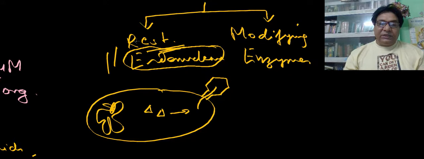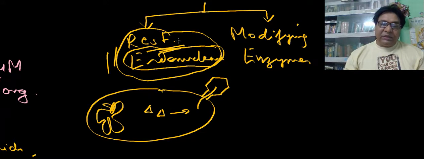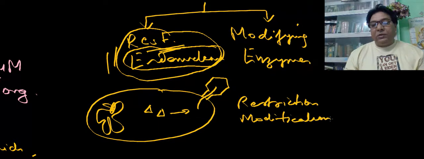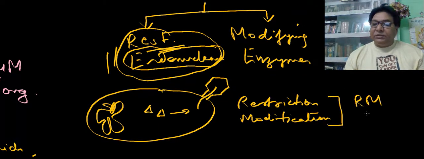So this restriction endonuclease system has two components. One is restriction, another is modification. The modification is methylation. This system together is called the restriction modification system.